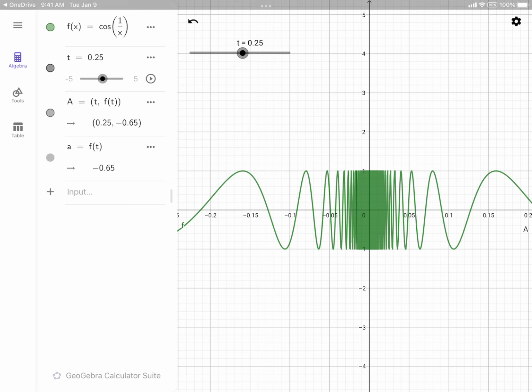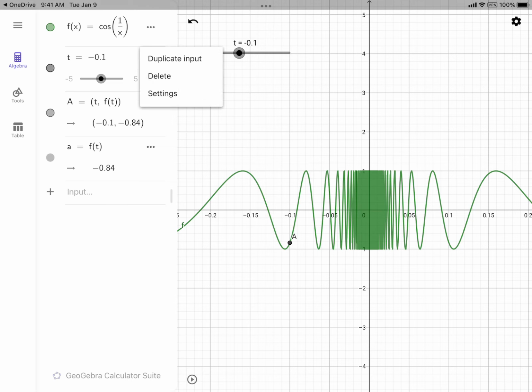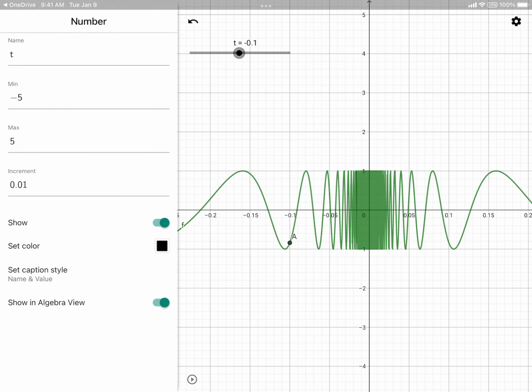Let me play so we can follow A maybe and see what happens to it. It's going to come back now. See, it's already gone. So let me go back and see if I can get some values that are more interesting. See if I can change the increment.